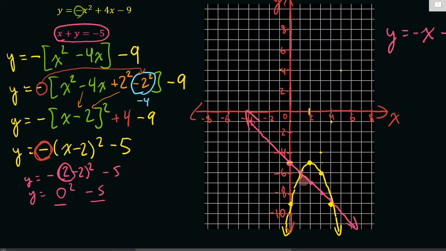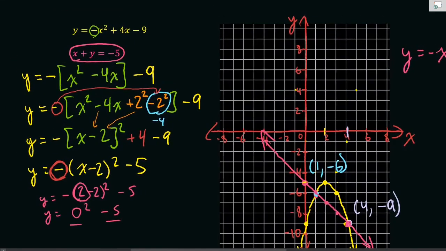So it goes through this point here and this point here. So let's label those. This point is 1 over and negative 6. And this other point over here is 4 over and negative 9.